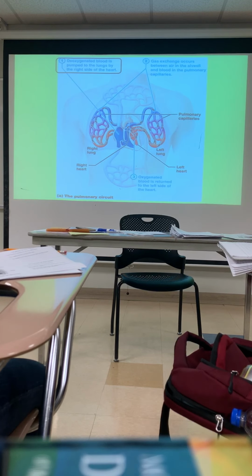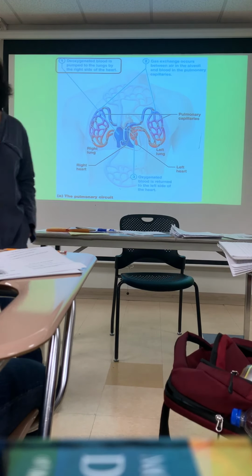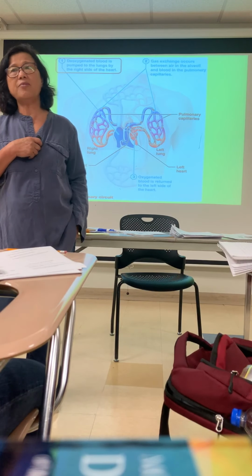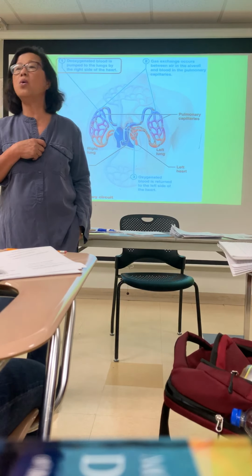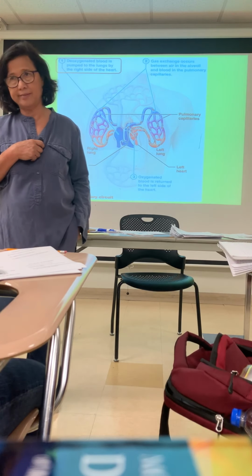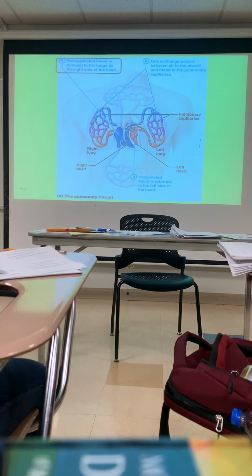Aorta is an artery. Aorta is the main and the largest artery that brings the oxygenated blood from the heart to all over your cells in the body. Okay? So that's the oxygenated blood.